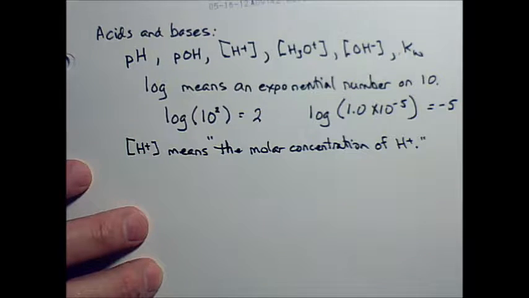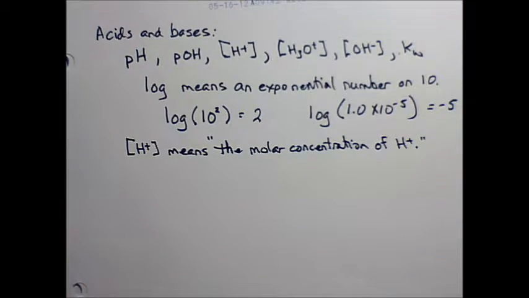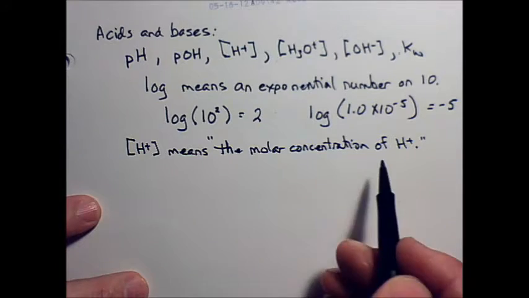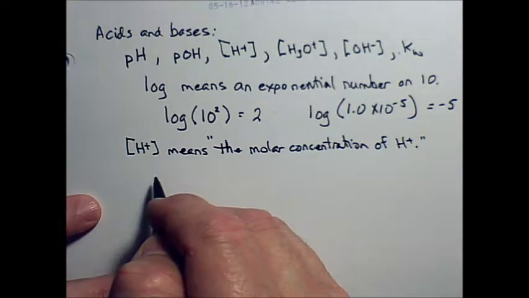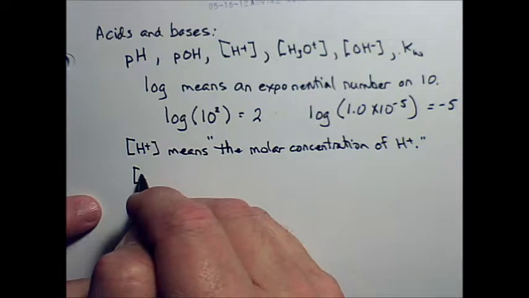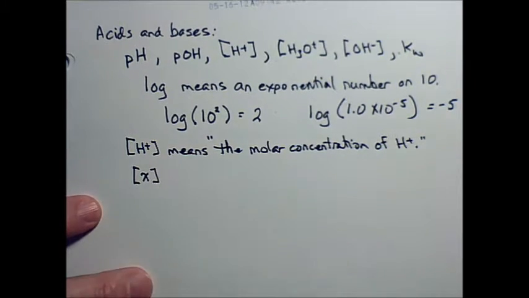Molar concentration is moles of the species per liter of solution. That's what we covered in the last unit, concentration units. You need to know that's what this means. You just have to know from the last unit how to figure out concentrations.